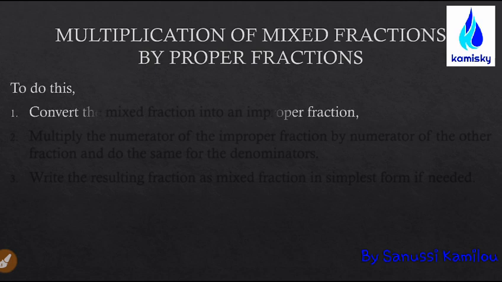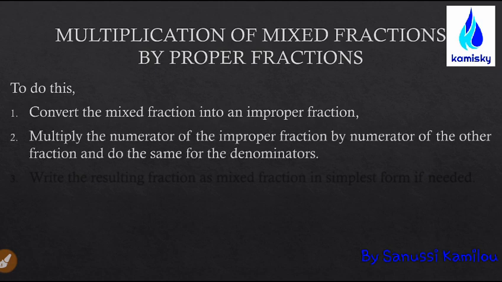To do this, number 1, convert the mixed fraction into an improper fraction. Number 2, multiply the numerator of the improper fraction by the numerator of the other fraction and do the same for the denominators. So as far as when you finish converting into an improper fraction, then you multiply the numerators by numerators and then the denominators by denominators.